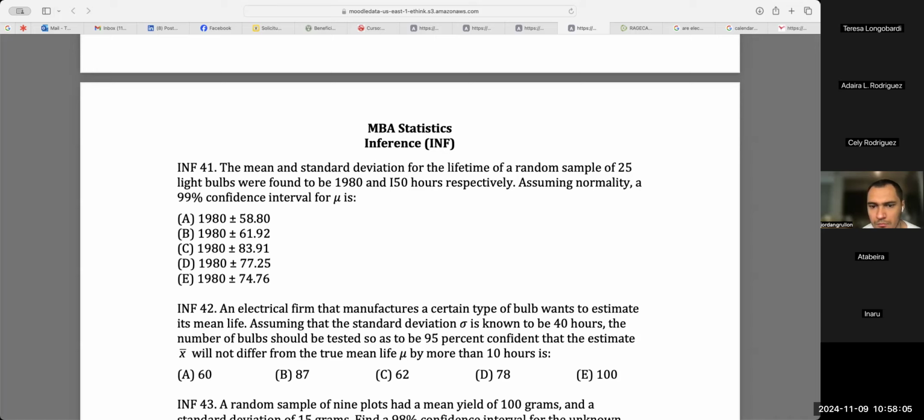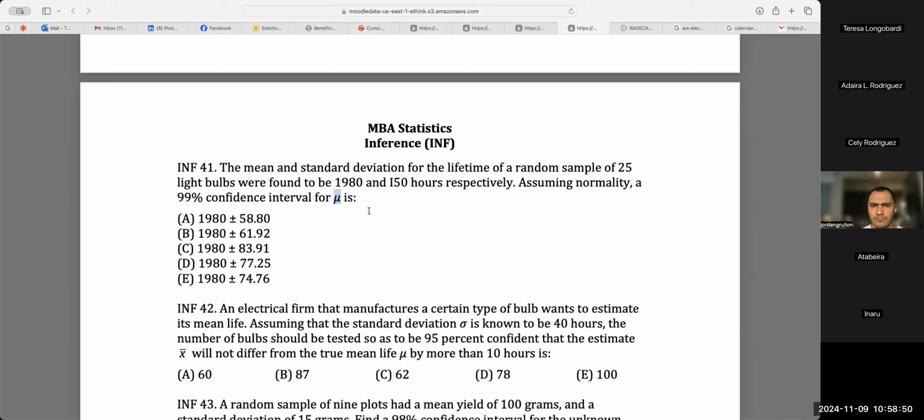So is this problem 41 about a mean or about a proportion? It tells you right here, mu.